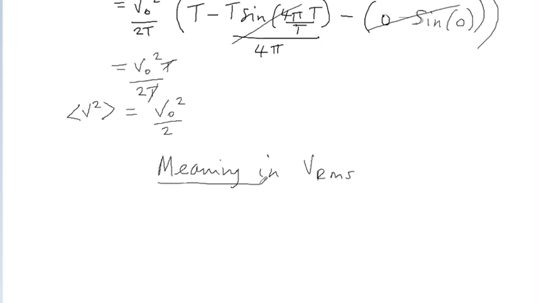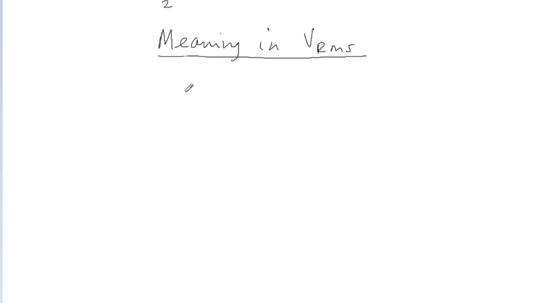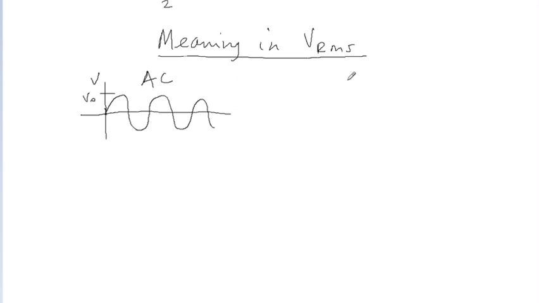So meaning in physics for VRMS is that if you did have an AC source, and I'm going to redraw that sine curve again, V naught, and you've got a sine curve like that, and we ask the question, okay, so this is an AC power source. What equivalent DC power source would give the same power over time?